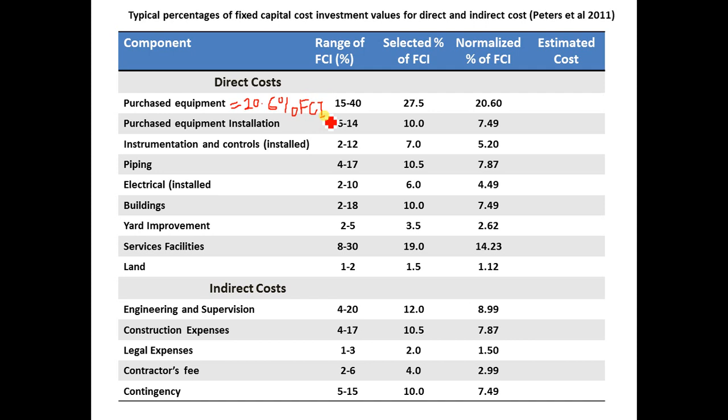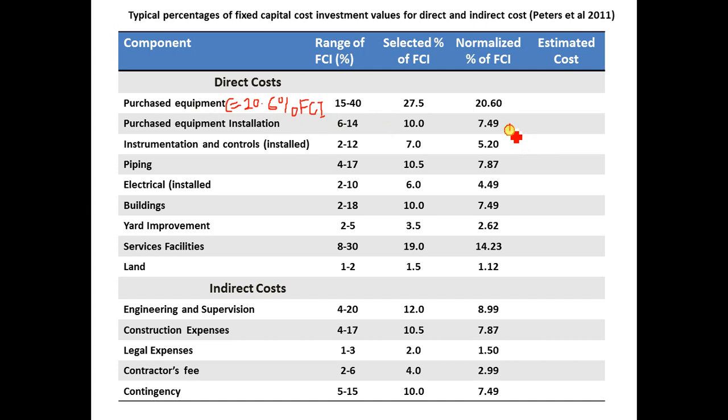Because we are given that the purchase equipment cost is 100,000 real, I can write this expression. Let me use C for purchase equipment cost. Purchase equipment cost is equal to 20.6% of FCI.